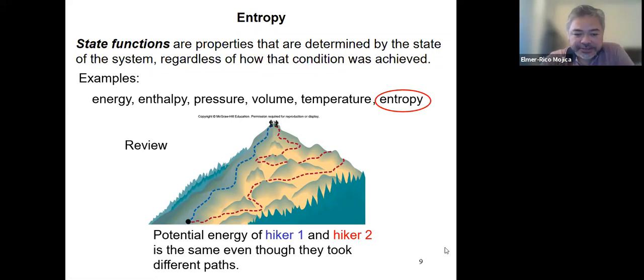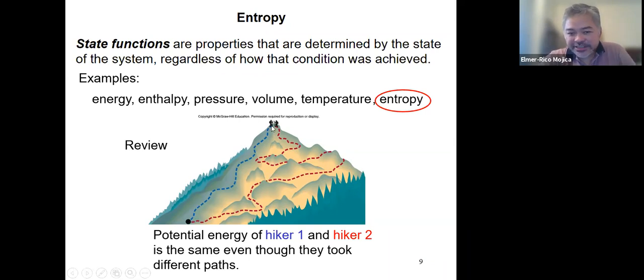So for instance here, this is your final destination, and this is your initial place of origin. The one that it's looking at is just the difference between this and this in terms of the elevation. It doesn't look at whether you took this pathway or that pathway.